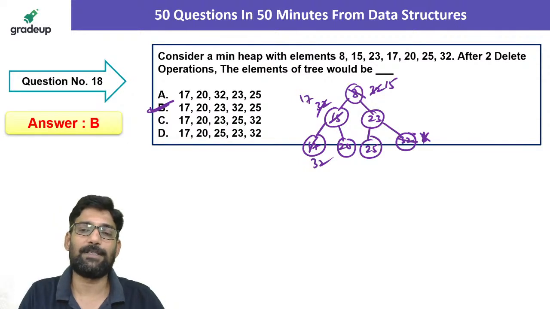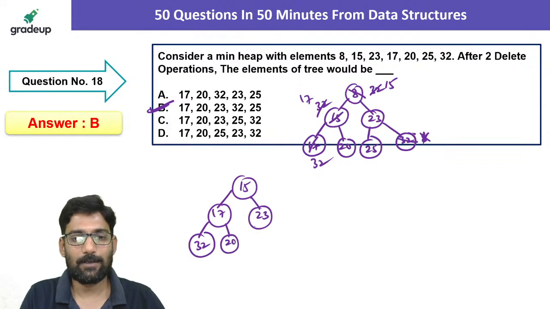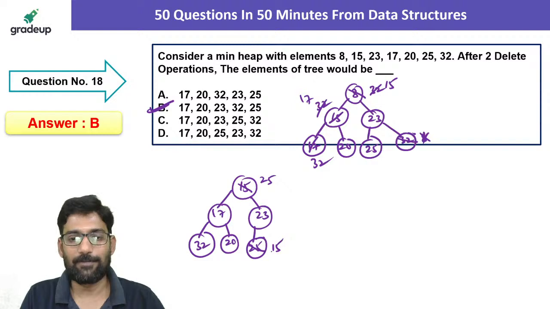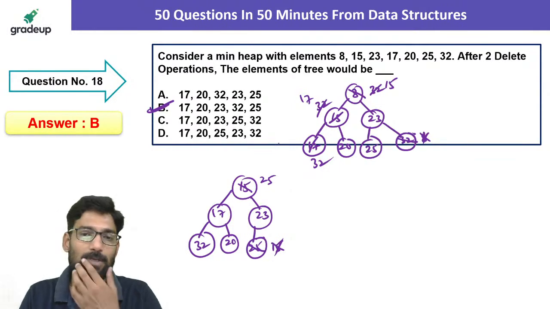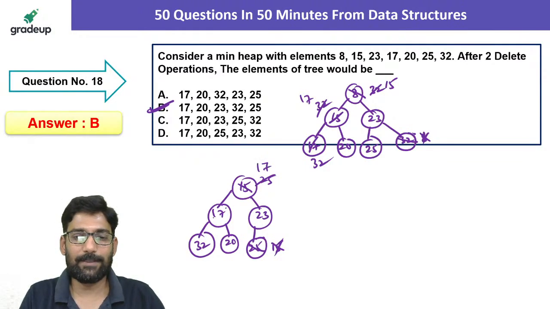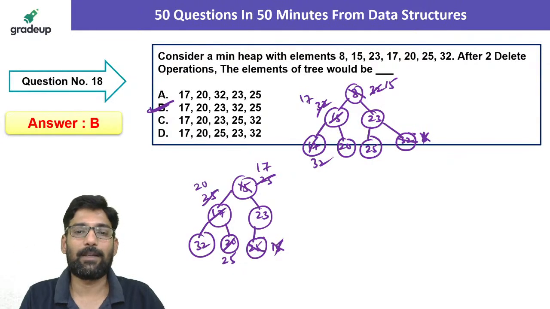So after the first deletion, the tree is 15, 17, 23, 32, 20, 25. Now perform the second deletion. So 15 is swapped with 25, then 15 gets deleted. Now ordering property, 25 gets swapped with 17, 25 gets swapped with 20. So 17, 20, 23, 32, 25.